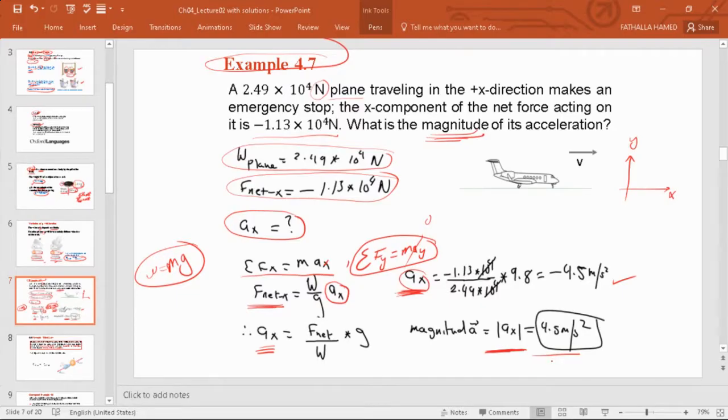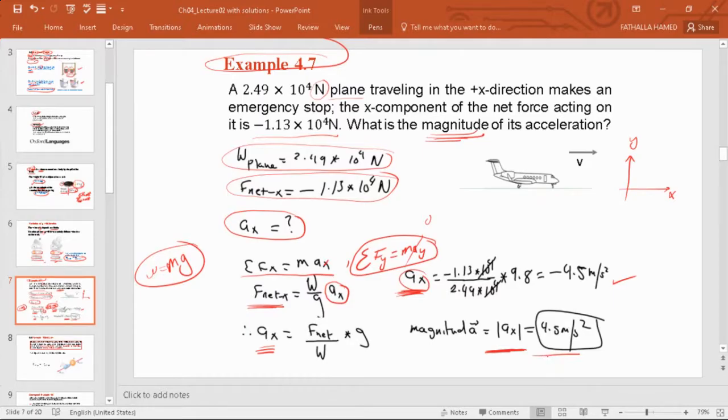And this brings in a point: when you're doing your quizzes, you have to be careful. Are they asking you about the acceleration? If they ask about the acceleration, you have to include the minus sign. If they're asking about the magnitude, then you don't put the minus sign. You're just putting in the positive value, the magnitude.